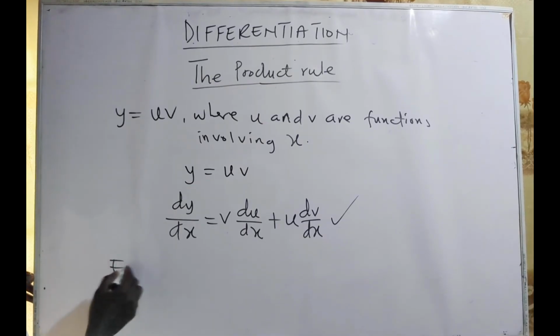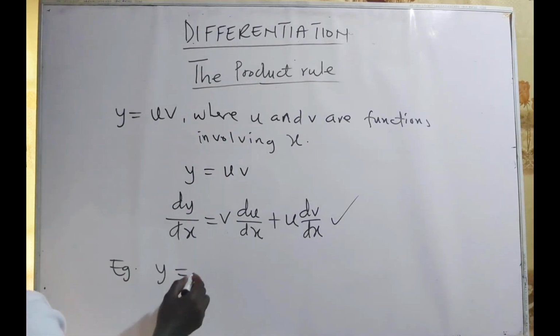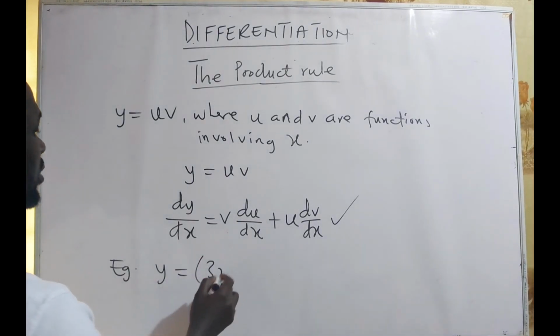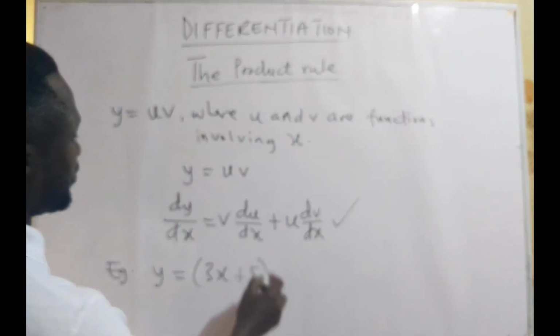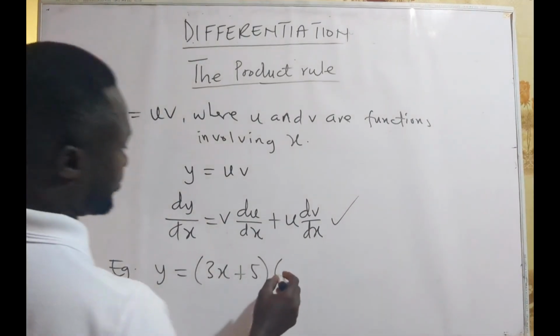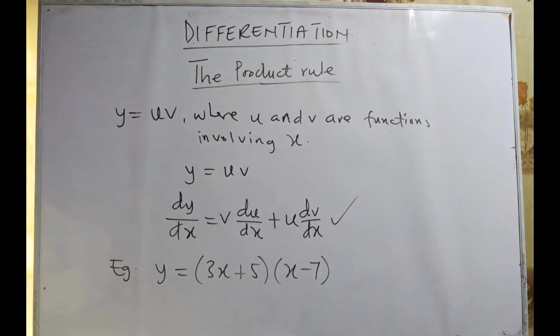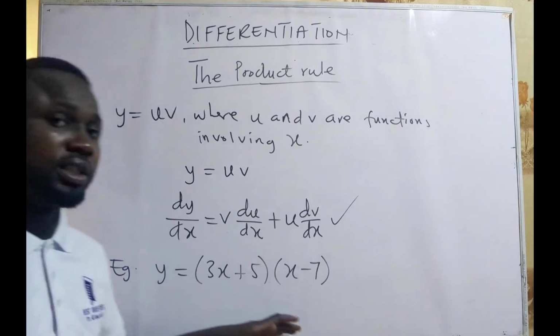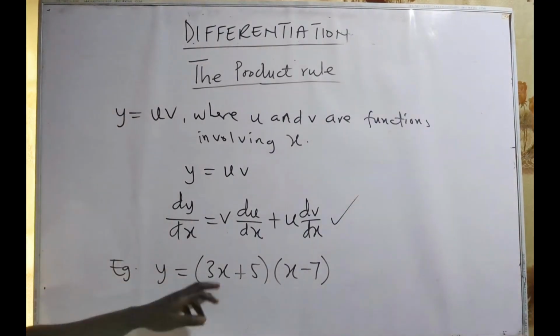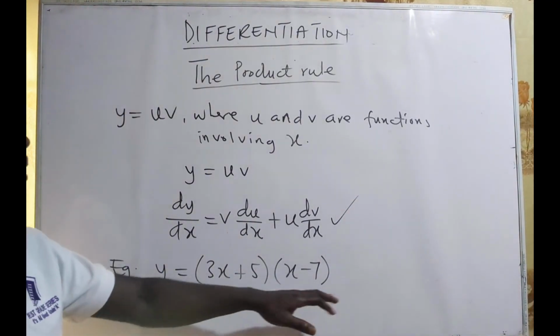For example, if I have y is equal to 3x plus 5 multiplying x minus 7.